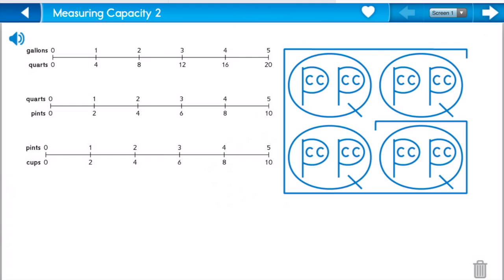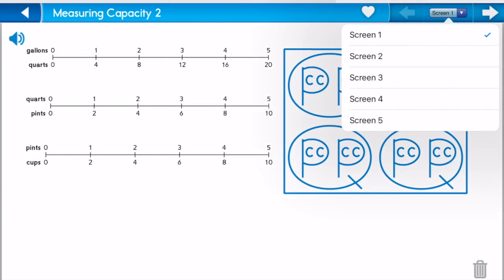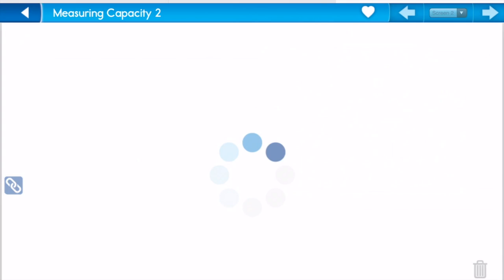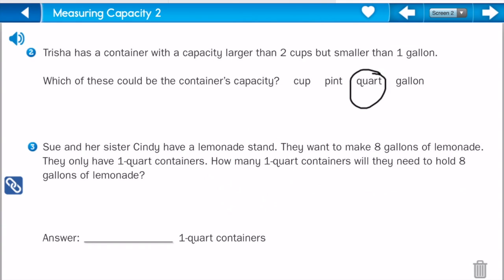In 2 gallons there's 8 quarts, in 3 gallons there's 12, in 4 gallons there's 16, and in 5 gallons there's 20. So they want to know how many 1-quart containers they'll need to hold 8 gallons of lemonade. So we know that 1 gallon equals 4 quarts.